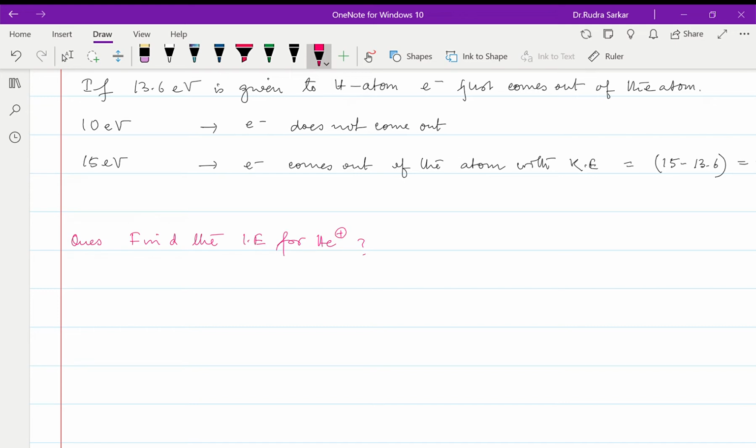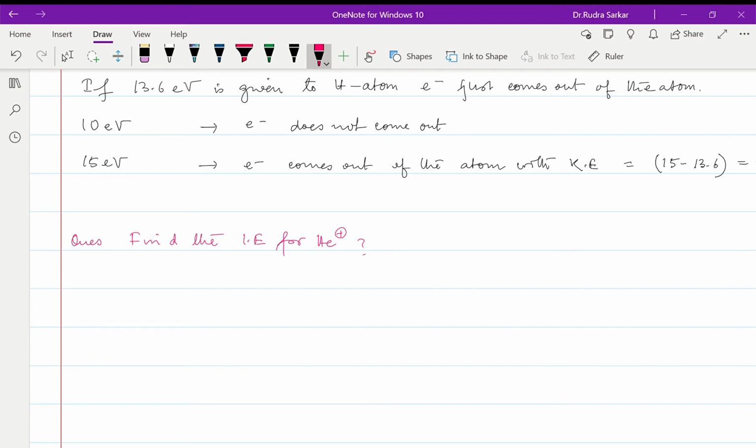In fact, in the DPP, I have not removed the years. So today you can try the DPP. I think you will be able to do it. Most of the questions from this chapter are very simple. It is only a little bit of practice that you require to solve these questions.